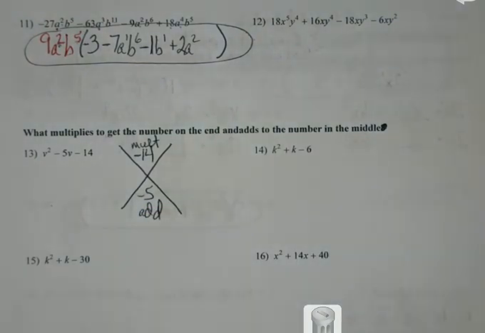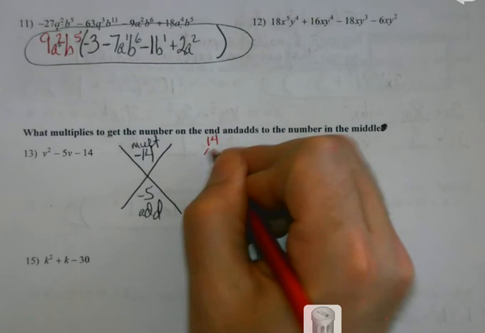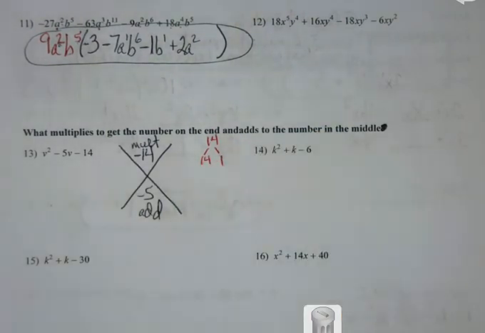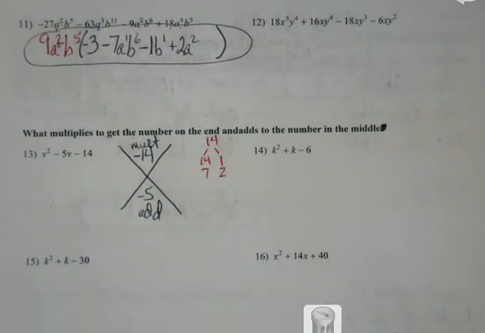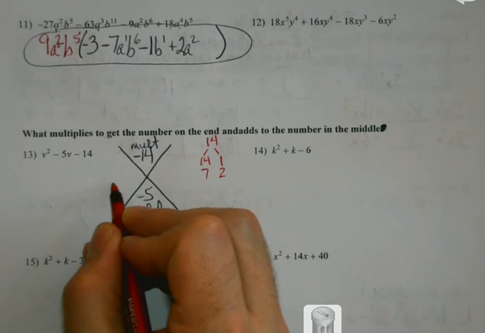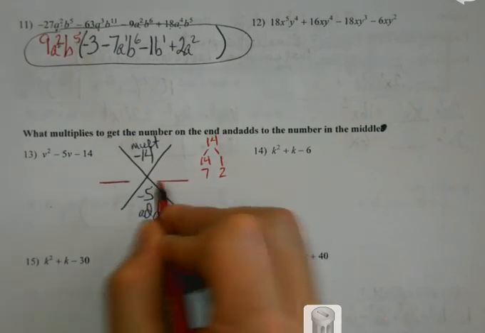And again, if I'm not sure, I could look it up on the chart, just find where the 14's are at. I always know that 14 and 1 would be an option with that number times 1. And I also find out that 7 and 2 could get there. But before I figure out which pair, there's always clues available to me in these.